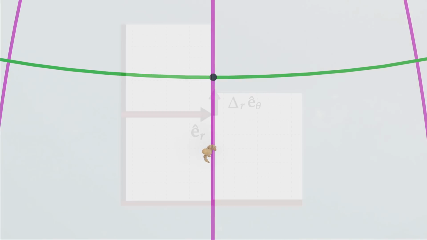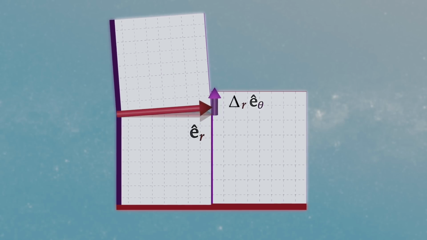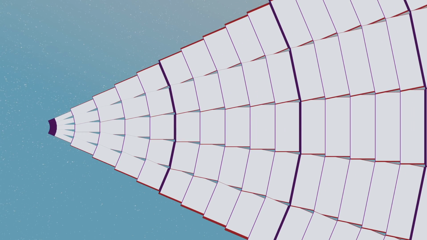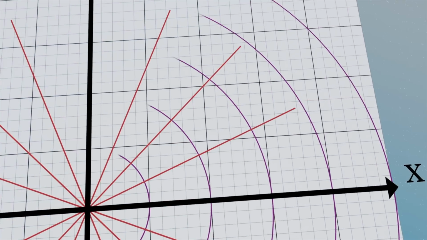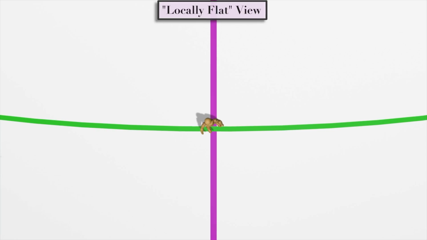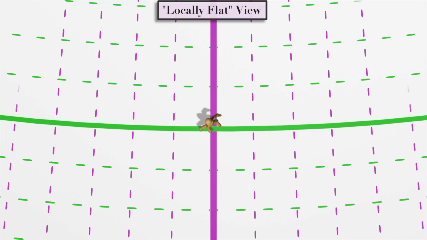Now, in an earlier video, we saw that case 3 of our constraints was also represented in the scenario of polar coordinates on a flat manifold. Indeed, examining our observer's local picture, we see the coordinate system here within this infinitesimal region precisely matches that of polar coordinates on a flat manifold.